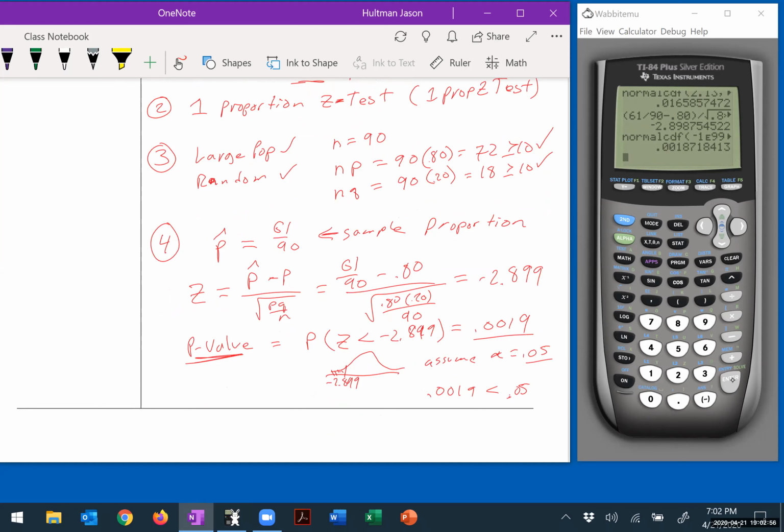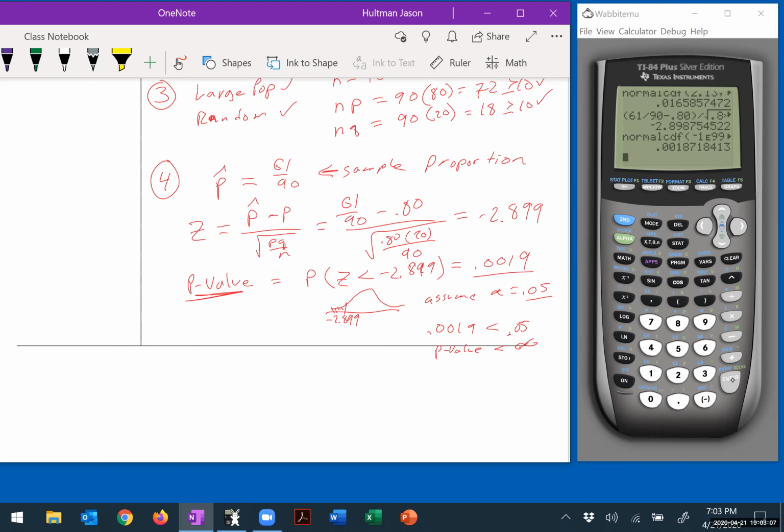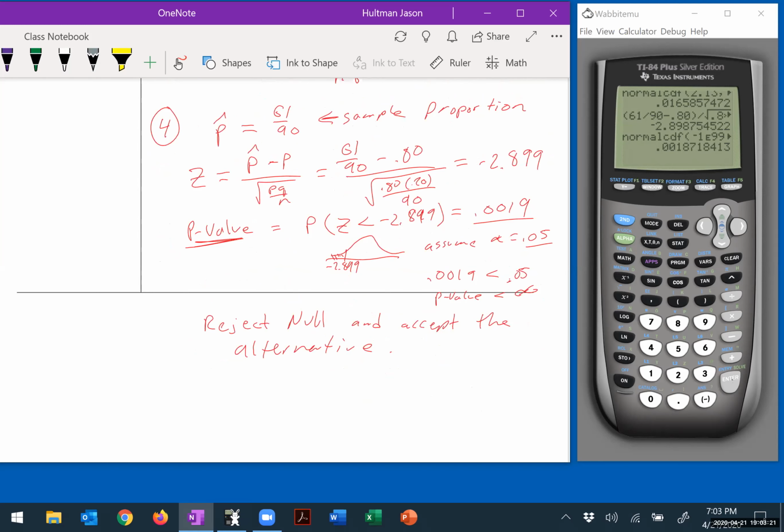It's much, much less. And if our p-value is less than alpha, then we reject the null and accept the alternative.